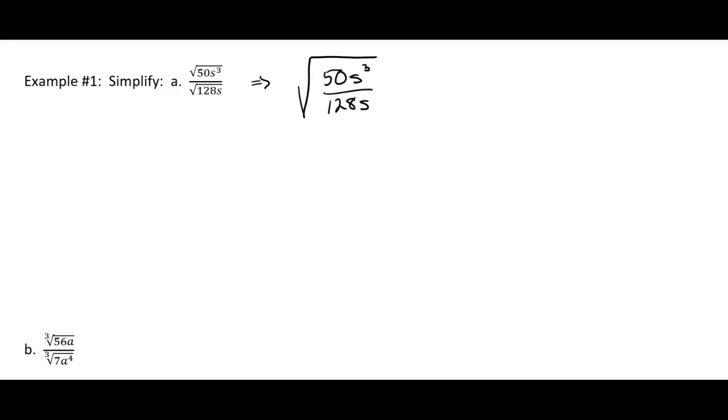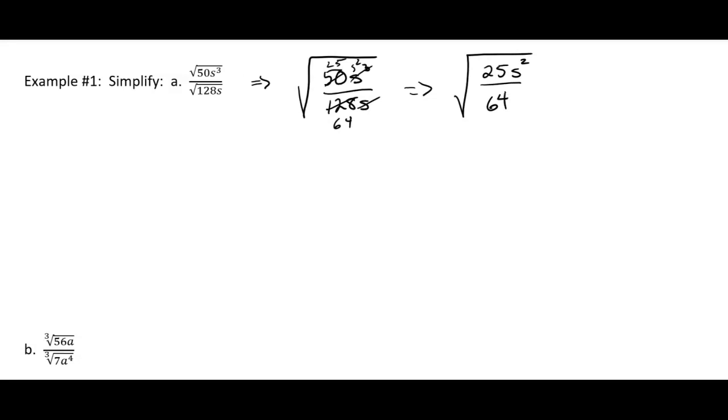So 2 goes into 50 25 times, and 2 goes into 128 64 times. So we're reducing it like we do a fraction, and then s can cancel with one of those s's, and we get s squared. So I have a big mess there, but it can be written as the square root of 25s squared over 64.